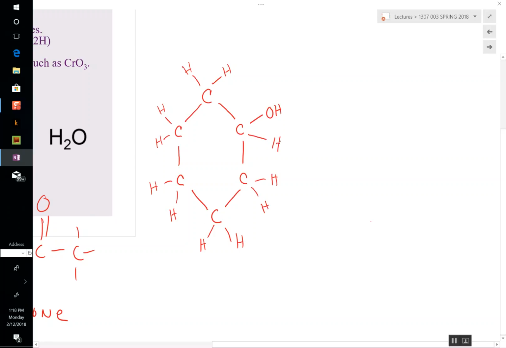There's another hydrogen right here. That's cyclohexanol. It is a secondary alcohol, right? We've got an OH, but it's got a carbon on either side of that carbon. So it is a secondary alcohol. Draw the structure, don't draw the line formula, draw the structural formula of the product and show all the hydrogens.